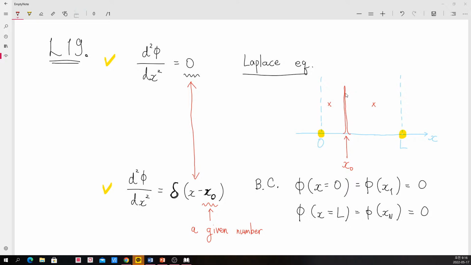So, Mr. Han, to answer your question simply, x naught is just a parameter given by the problem itself. However, from the viewpoint of physical sense, it represents the location of the source term inside our system.